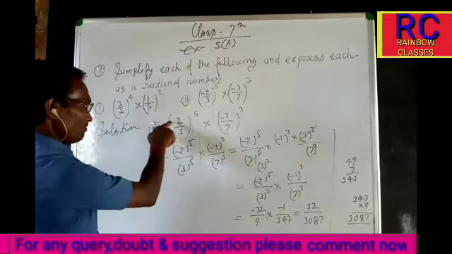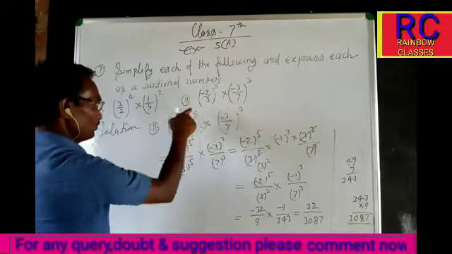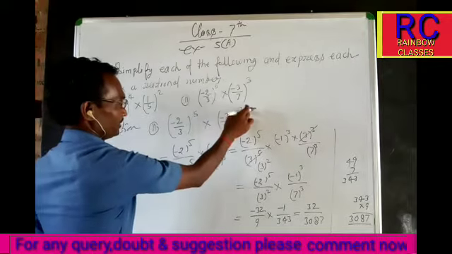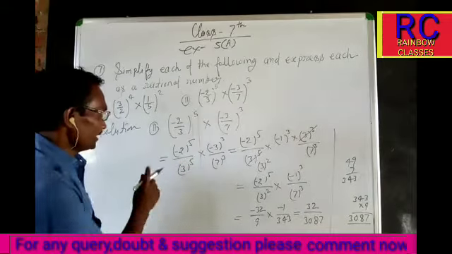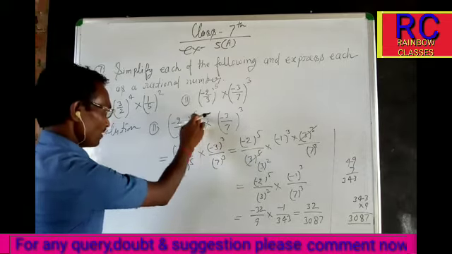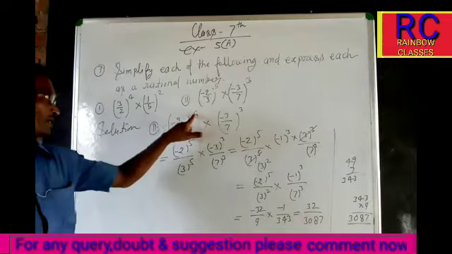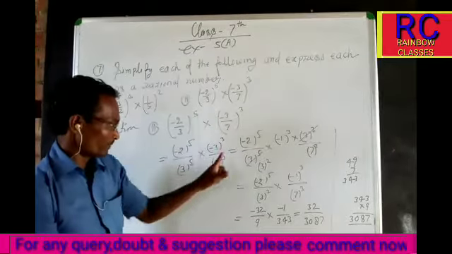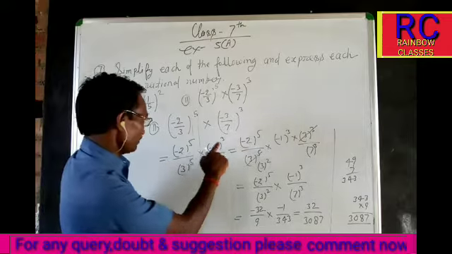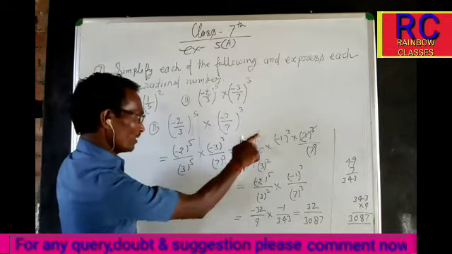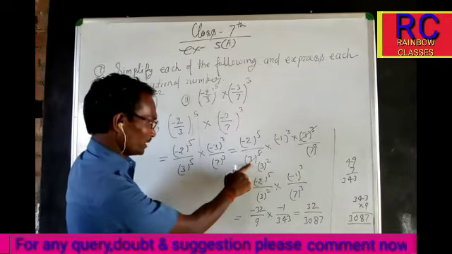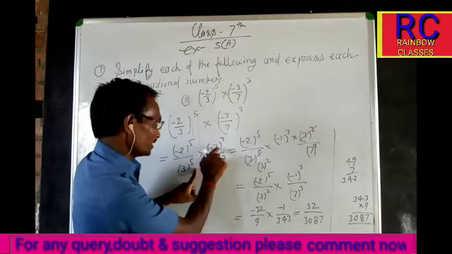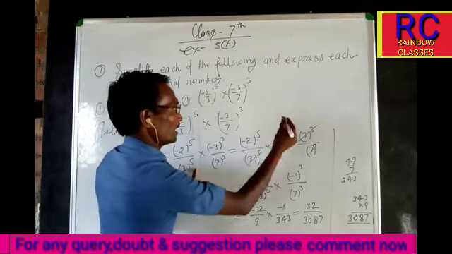Second, minus 2 by 3 to the power 5 into minus 3 by 7 cube. We write minus 2 to the power 5 by 3 to the power 5 into minus 3 to the power 3 by 7 to the power 3.